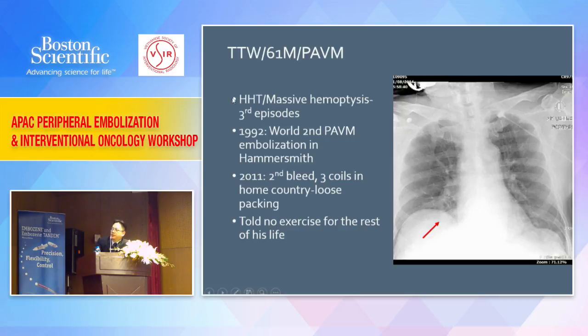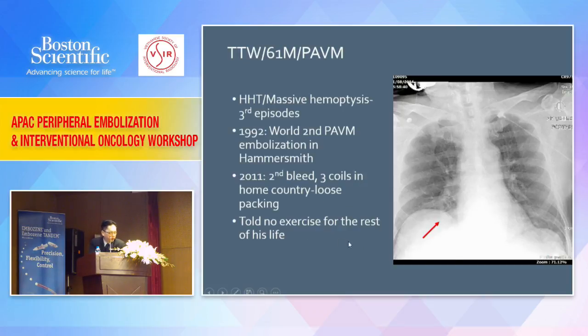How about this patient? He had massive hemoptysis, third episode. The first episode was in 1992, and he was the world's second pulmonary AVM embolized in Hammersmith when the JDC coil was first invented in 1992. In 2011, he rebled again, and 3 coils were inserted in his home country.